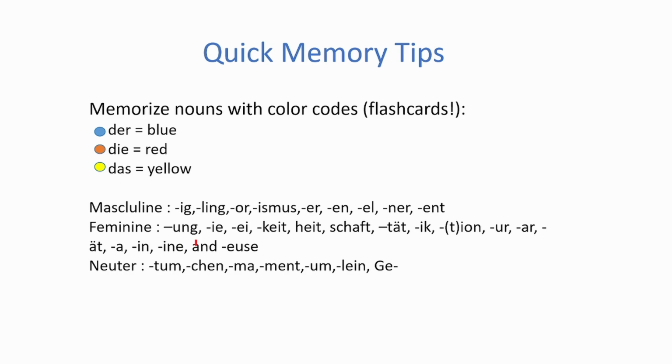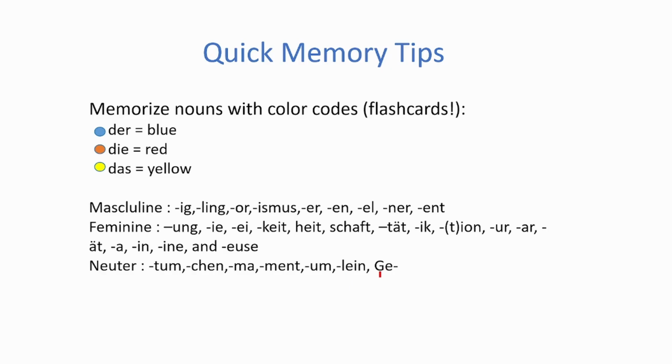In feminine, similarly, if the noun ends with these endings, then we use the article die. And in neutral, if the nouns end with tum, chen, ma, ment, o, then we use das.